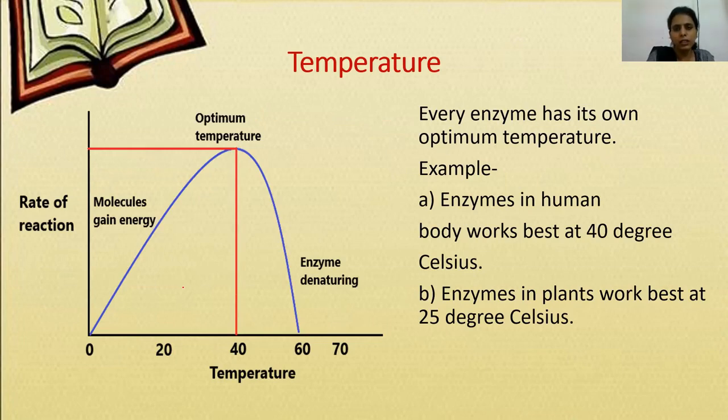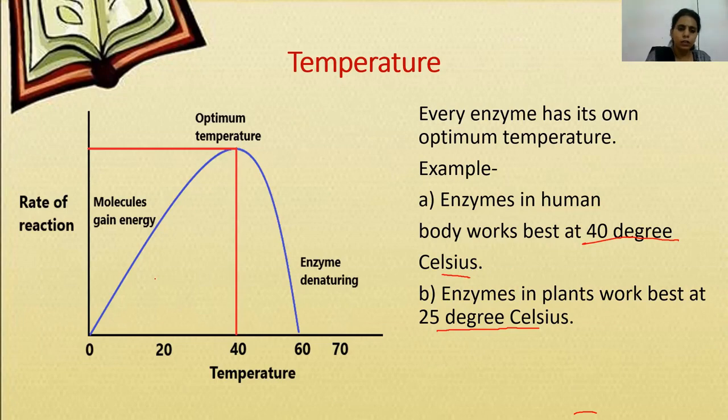So in human beings, enzymes work best at 40 degrees Celsius, or between 37 and 40 degrees Celsius. Plants work best at 25 degrees Celsius. So the optimum temperature for enzymes in the human body is between 37 and 40 degrees Celsius, and in plants it is 25 degrees Celsius.